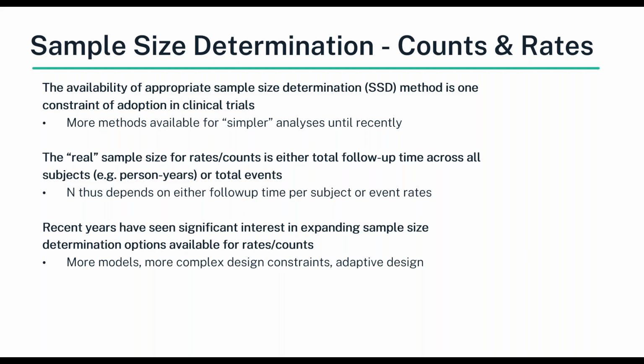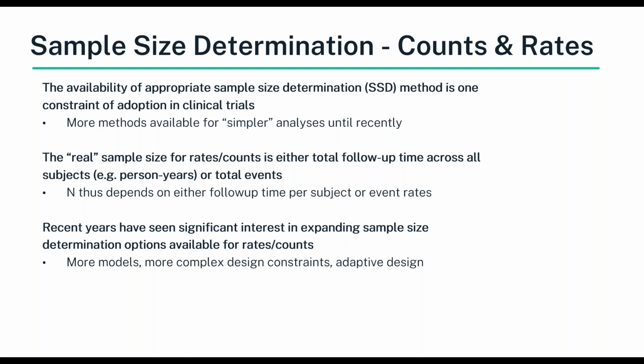A very important distinction to make here is one that I touched on earlier: the real sample size is based on either the total follow-up time across all the subjects. For example, with incidence rates, if you have 100 subjects and they're followed up on average for a year, then you have 100 years of follow-up time.